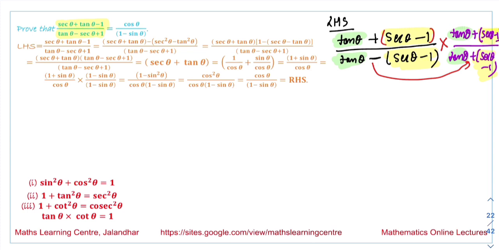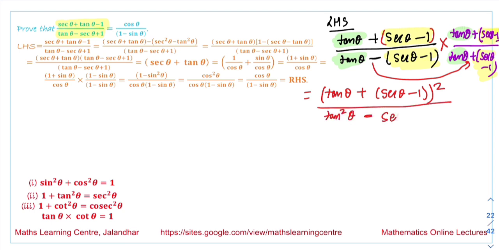If we multiply both these terms, we get tan theta plus secant theta minus 1 whole square over tan square theta minus secant theta minus 1 whole square. Tan theta is like A and this whole term is like B, so in the denominator it is A minus B into A plus B.